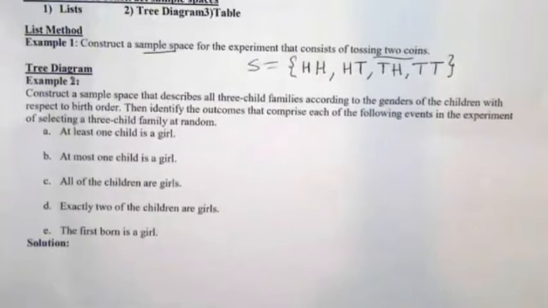Two of the outcomes are 2 boys and a girl. You can have 2 boys and a girl, which we might denote as BBG. Let's use uppercase B for boy, and uppercase G for girl. So you can have 2 boys and 1 girl, or you can have a girl and then 2 boys, which would be denoted GBB.